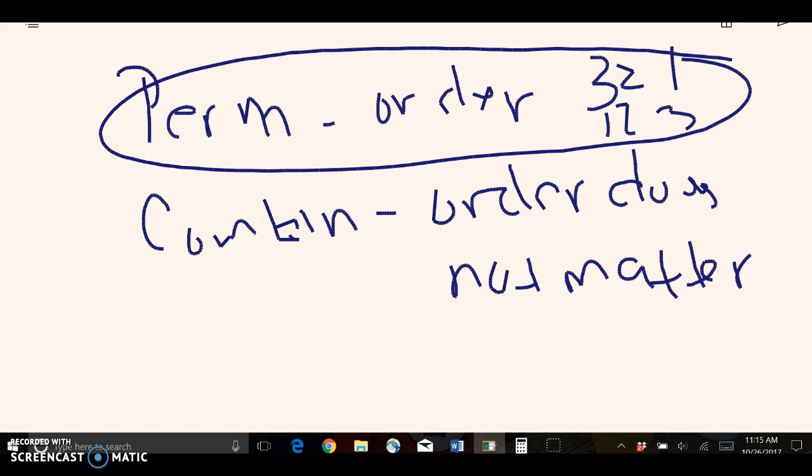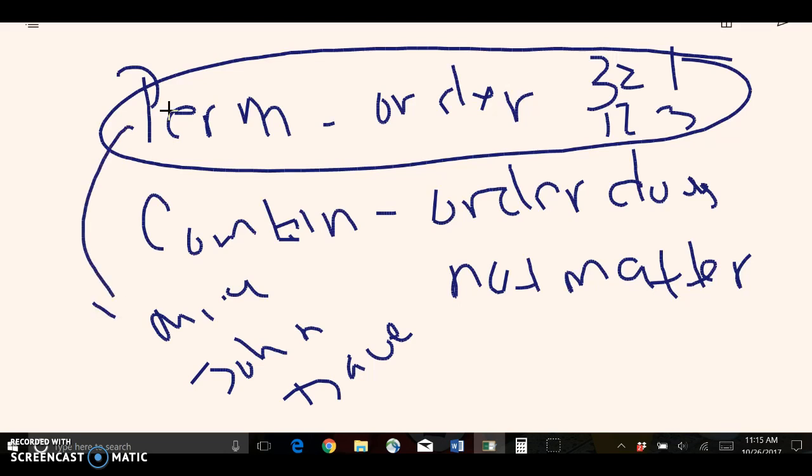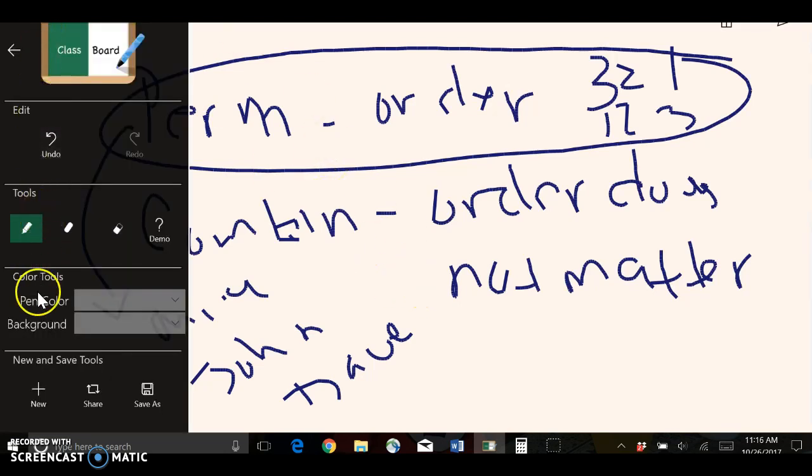It doesn't matter which order you choose them. If you choose Mike, John, and Dave, it's the same as Dave, John, and Mike. It will be the same team, right? But if you want to choose Mike, John, and Dave as president, vice president, and treasurer, now it matters, and that would be a permutation instead. So that's the difference between a permutation and a combination.